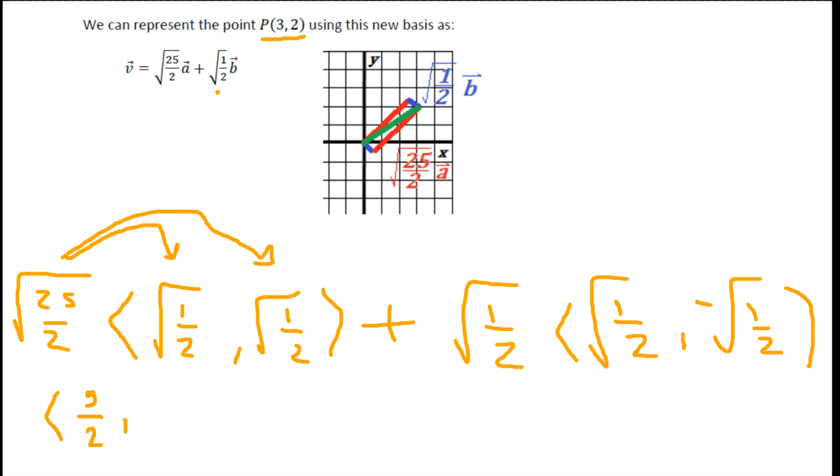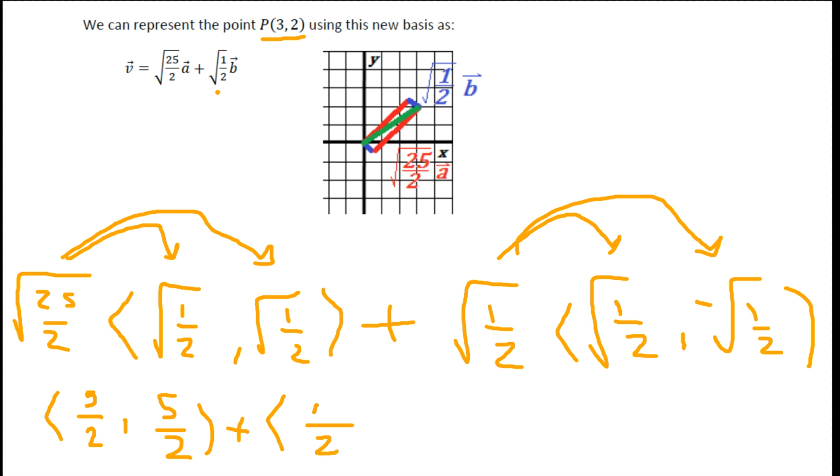So I get 5 halves, and distributing through, that's still going to be 5 halves, plus, when I distribute through this root 1/2, root 1/2 times root 1/2 is the square root of 1/4, which is just 1/2. And when I distribute over here, there's a negative, so negative 1/2. When I add component by component, 5 halves plus 1/2 is 6 halves, which is 3. And 5 halves plus negative 1/2 would be 4 halves, which is 2.